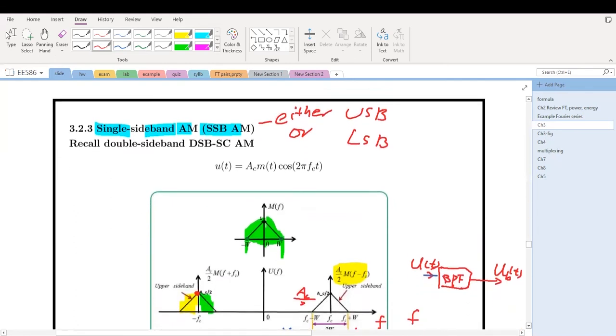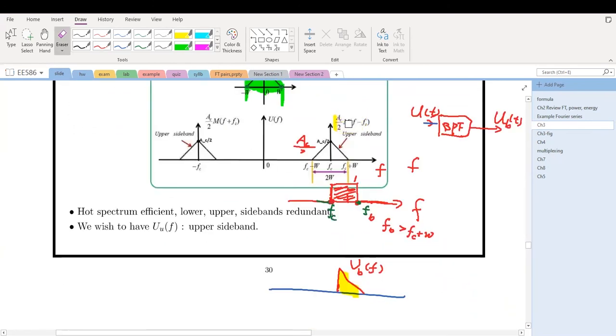How do we do that? A simple way is to apply a filter, a bandpass filter. So this bandpass filter starts at fc and cuts off at fb, and fb is to be greater than fc plus W, a little bit greater, not smaller. You can make it equal, that's fine.